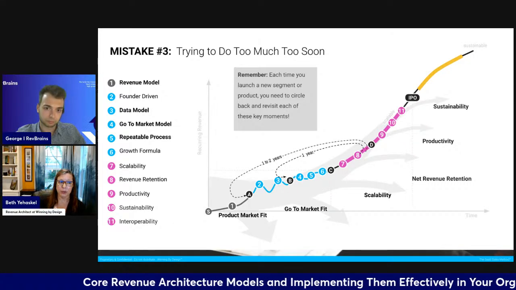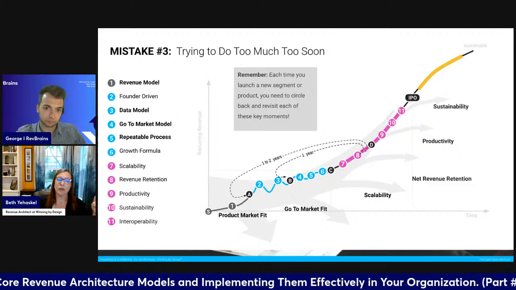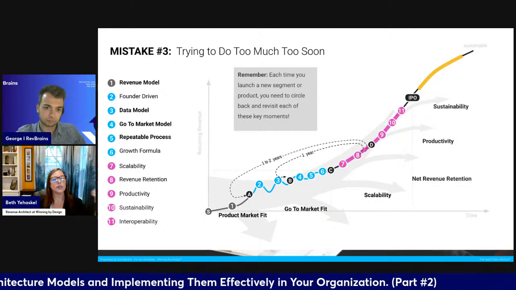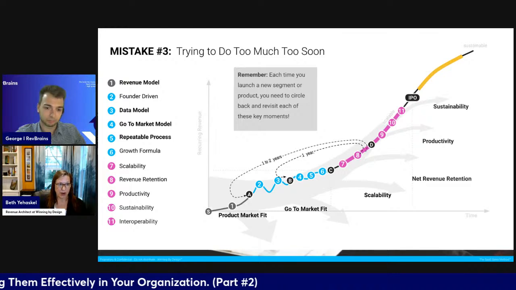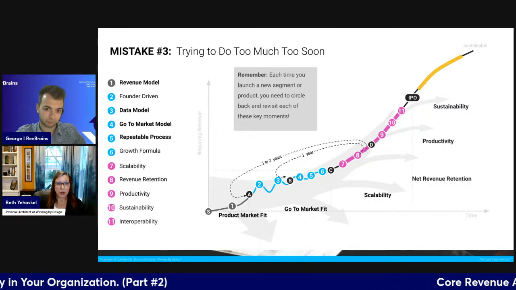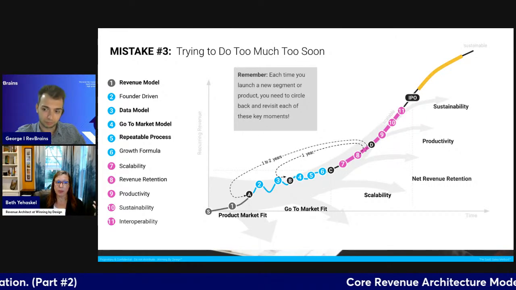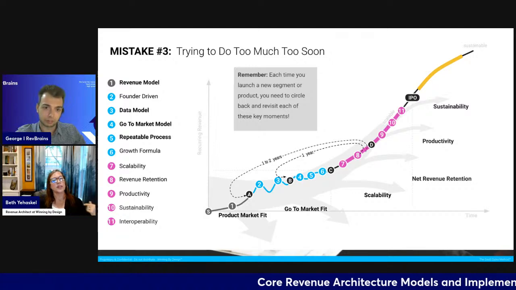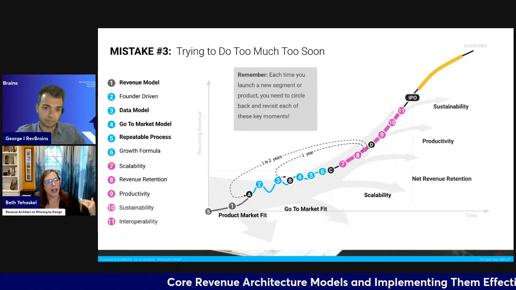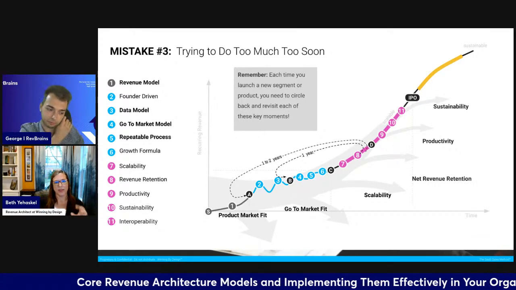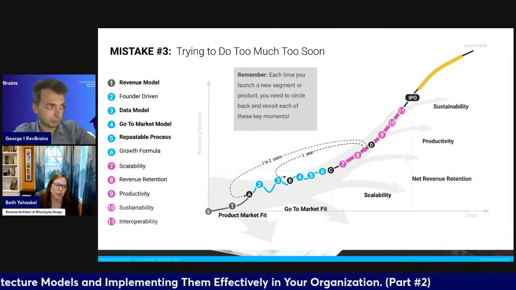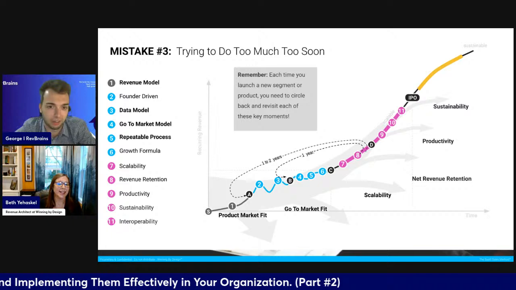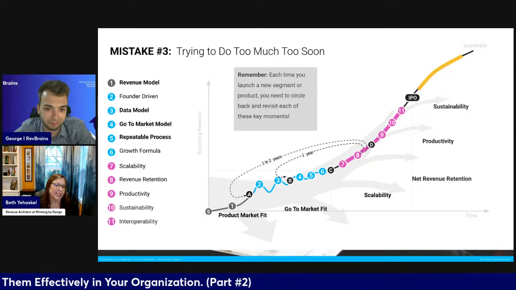And when you do, you have to start back over with the second product. What is the revenue model going to be for that product? What is the data model for that product or segment? What is the go-to-market motion going to look like? Because it's probably going to be different. So this is the way to think about it. It's not an overnight thing, but this is probably one of the biggest mistakes we see: people trying to do too much too soon and saying yes to things that it's too early to say yes to.